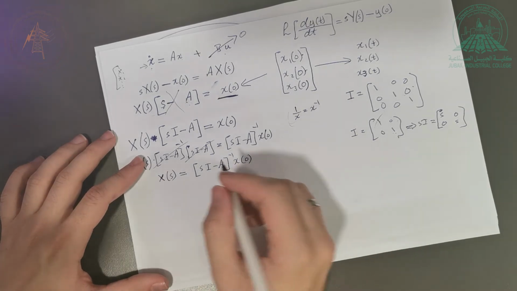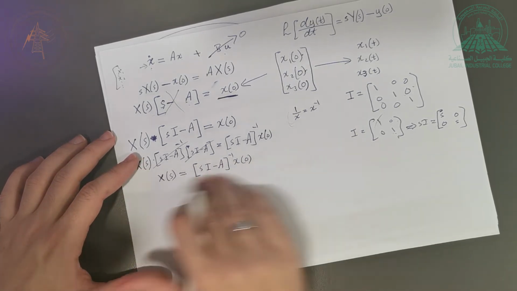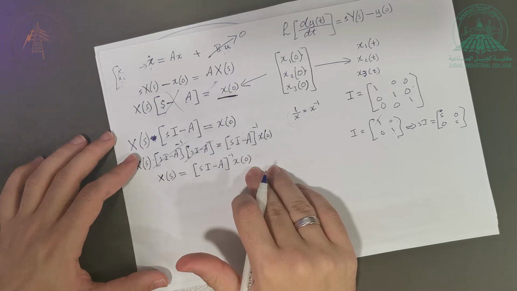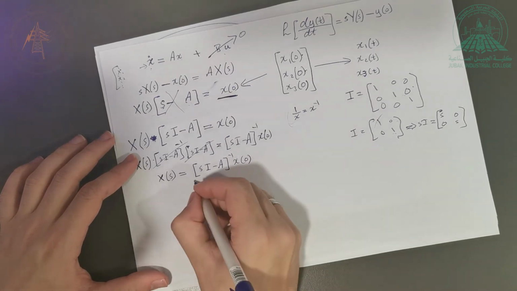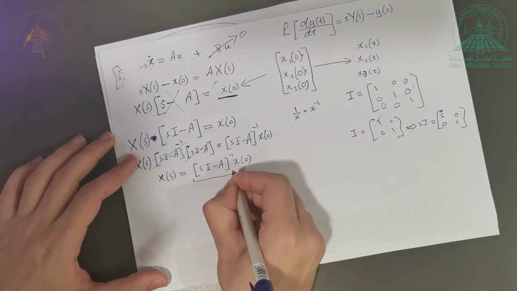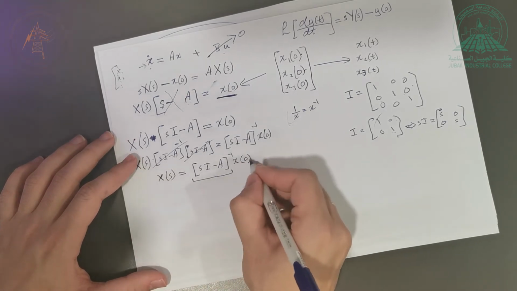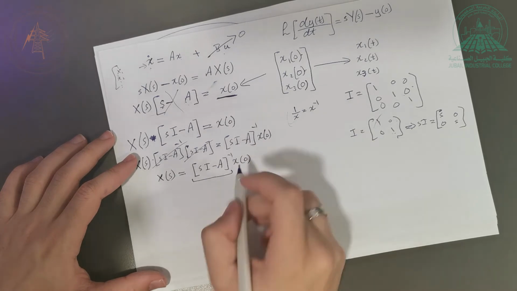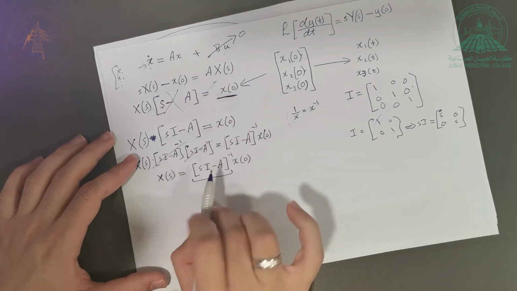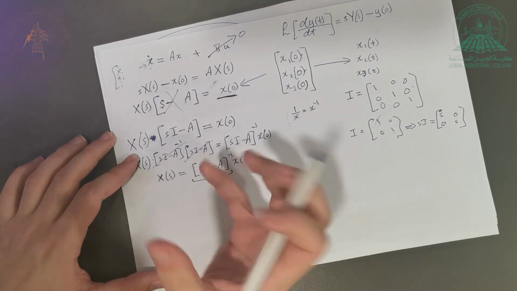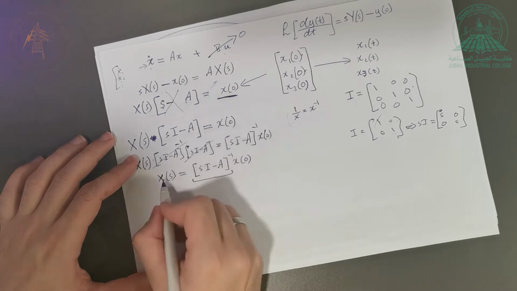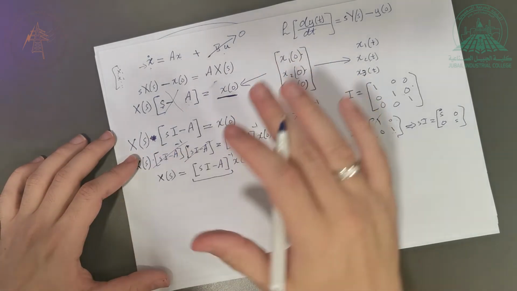So look here, Aisha. If you look carefully at this form, what does this part of the equation do? Here I have the initial conditions. I take these initial conditions, multiply them by this quantity, and I get x of s for any value of s.